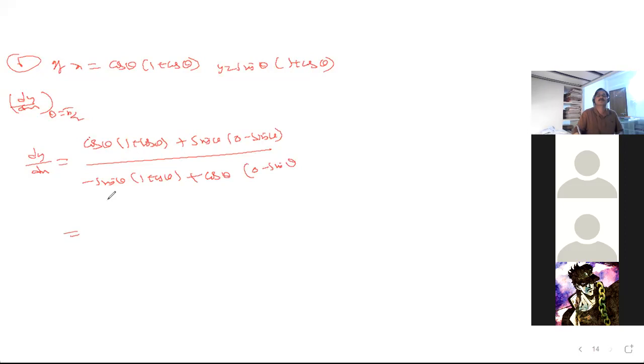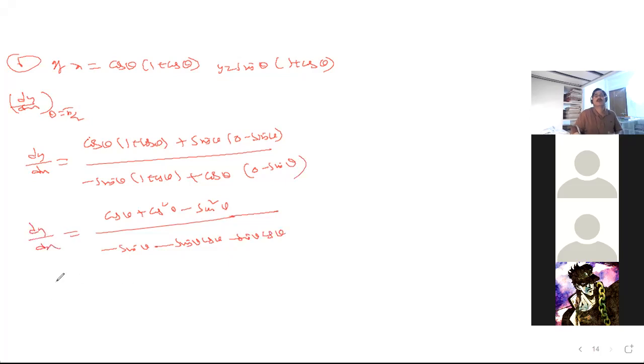Yes, sir. This is cos square theta minus sin square theta, minus sin theta, minus sin theta cos theta minus sin theta cos theta. Of course, we have to go for dy by dx at theta is equal to pi.